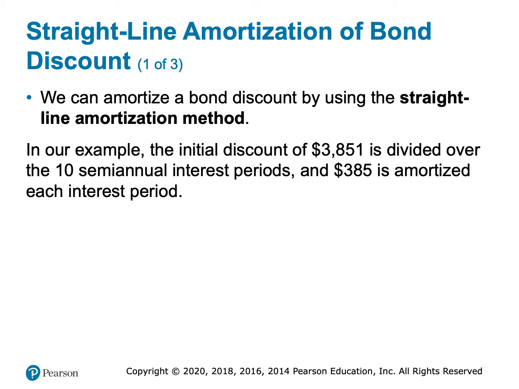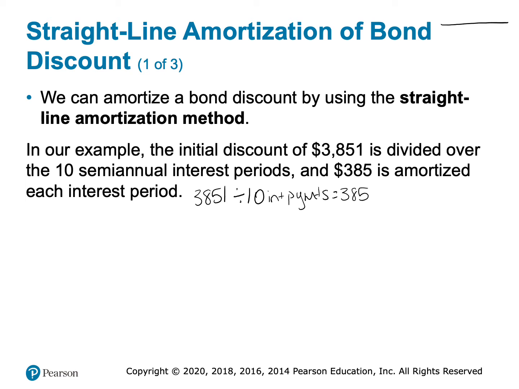So if I pay interest 10 times, then 3,851 divided by 10 interest payments means every time I pay interest, I'm going to credit the discount by 385. And actually, we're rounding to the nearest whole number here. On the last one, we'll do it for 386.